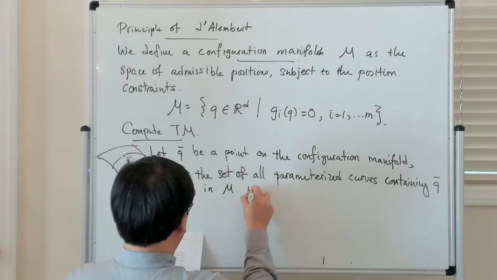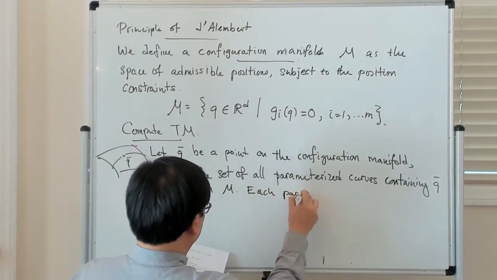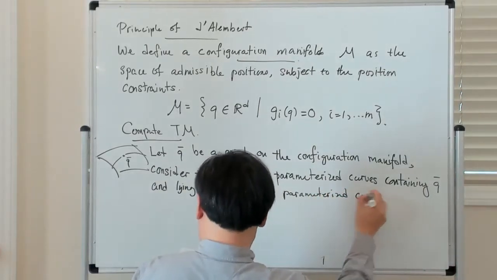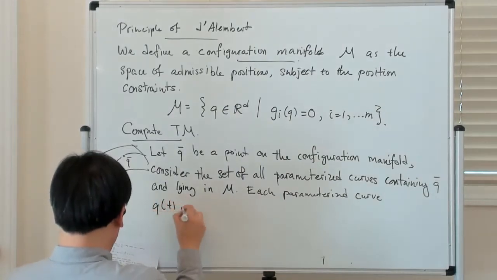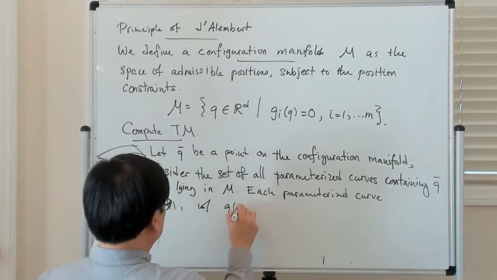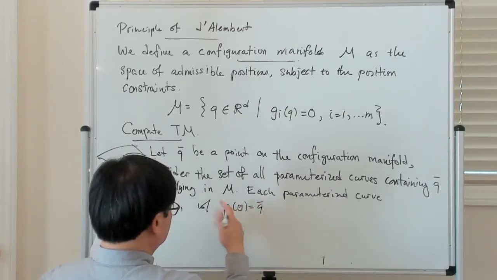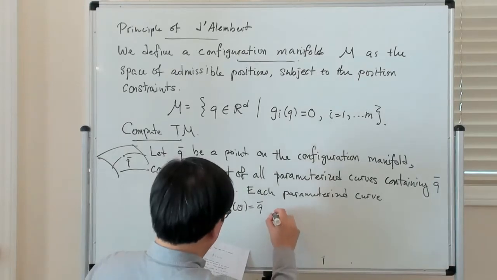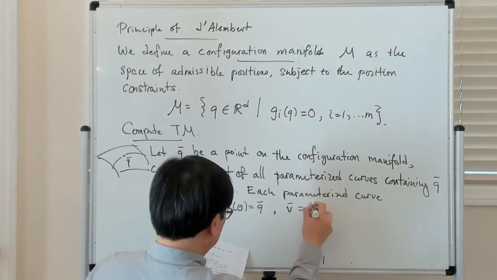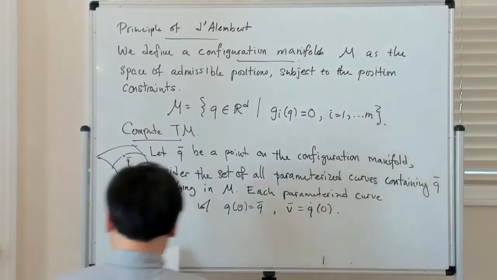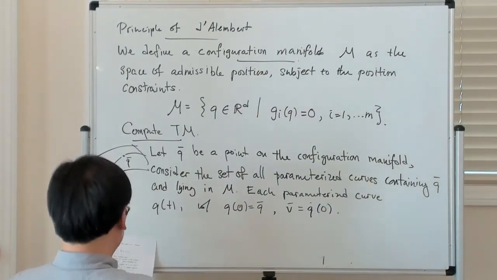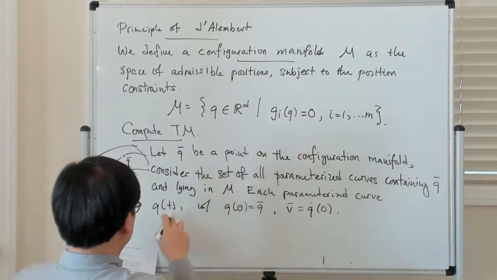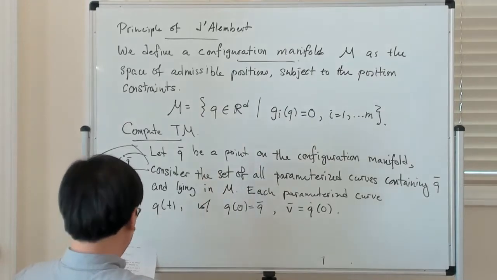So you want to look at each parameterized curve, say Q of t, with the property that Q at 0 is Q bar. It's natural to consider parameterizations where Q at 0 is Q bar, and V bar is Q dot at 0. So that's the setup. You look at this constraint, and you want it to be true for all t.